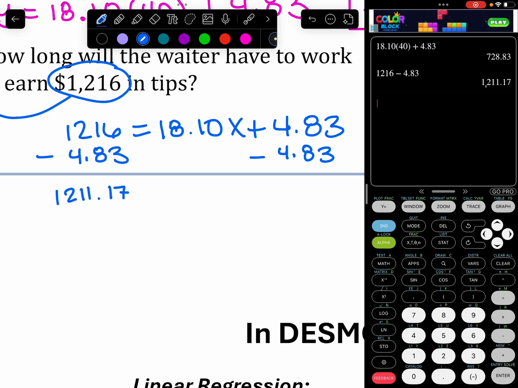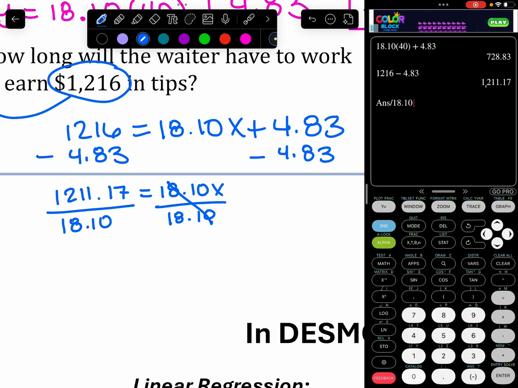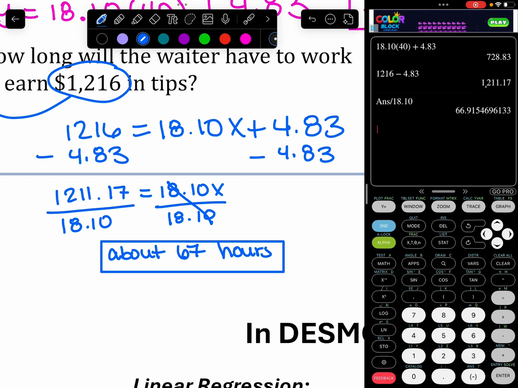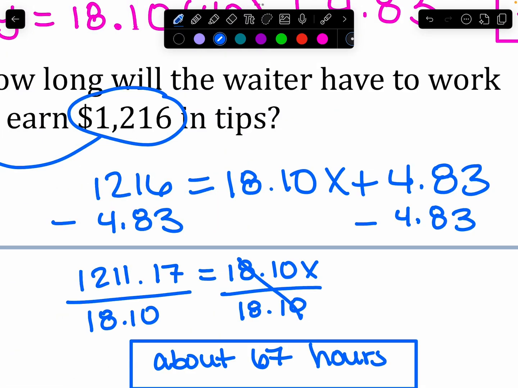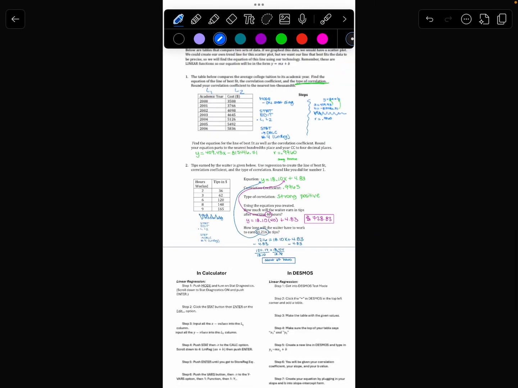So we've got 1216 minus 4.83, and that gets me 1,211.17, and that equals 18.10x. Divide both sides by 18.10, and you get that they have to work about 67 hours, which is a lot of hours to work.